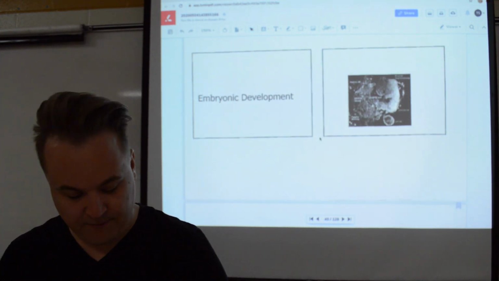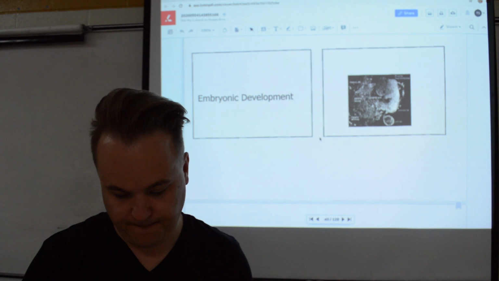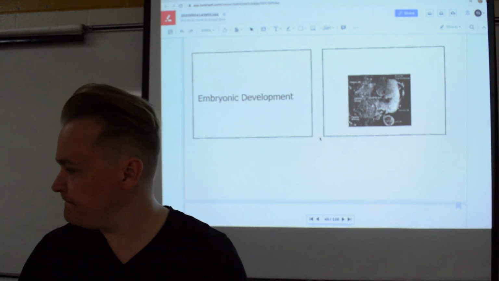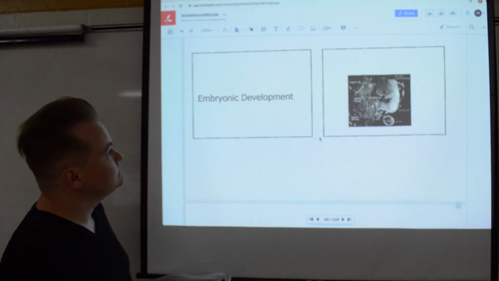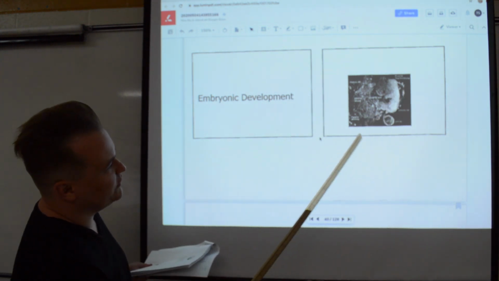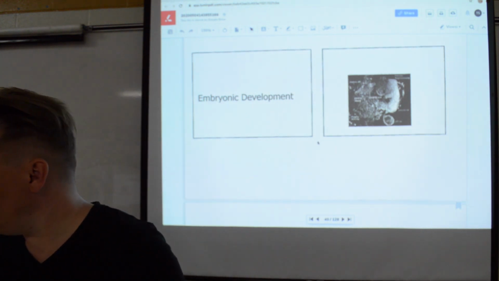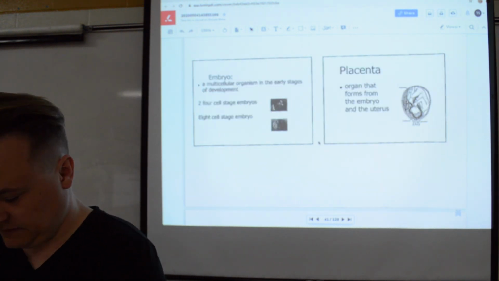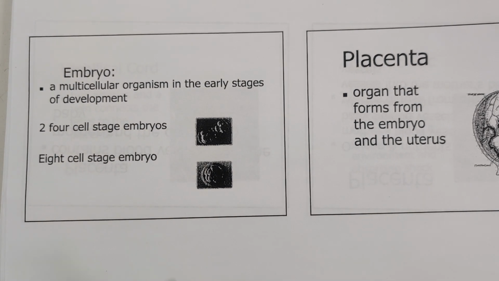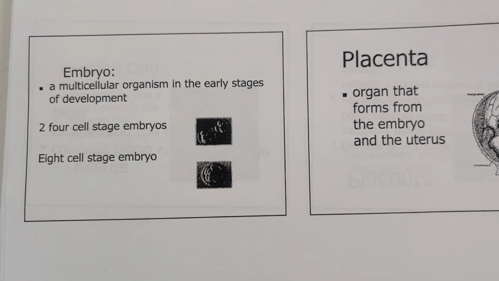So how does this embryo develop? There's a little picture of an embryo developing. So we're going to talk about the stages of that now. All right, let's move on down here. An embryo is a multicellular organism in the early stages of development.